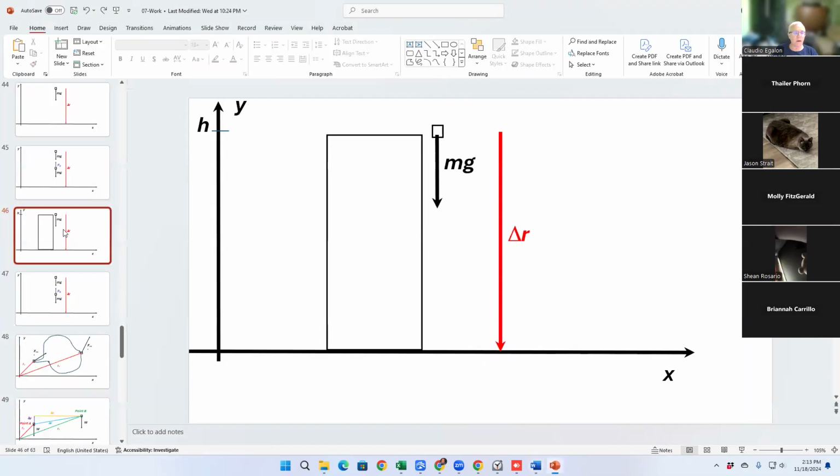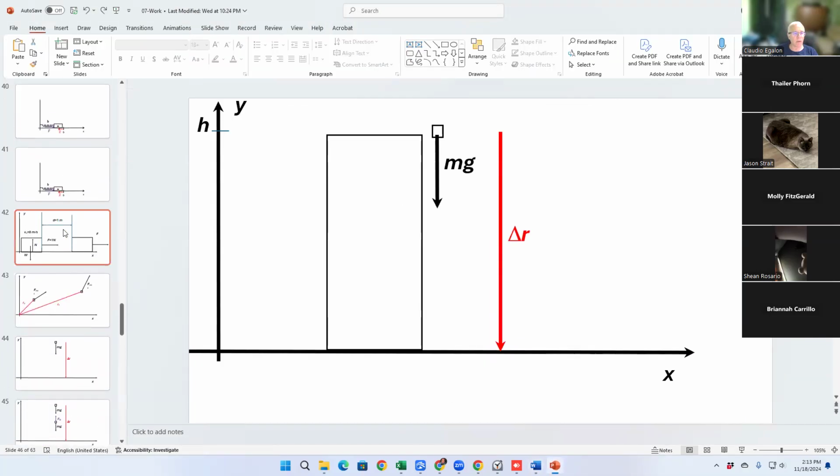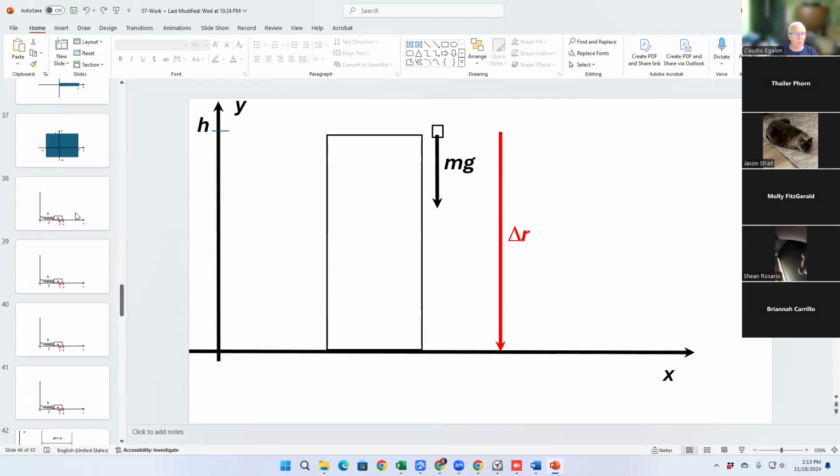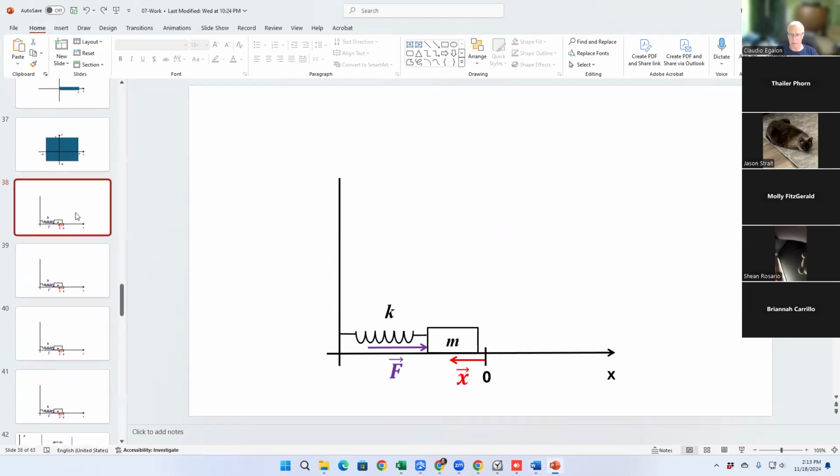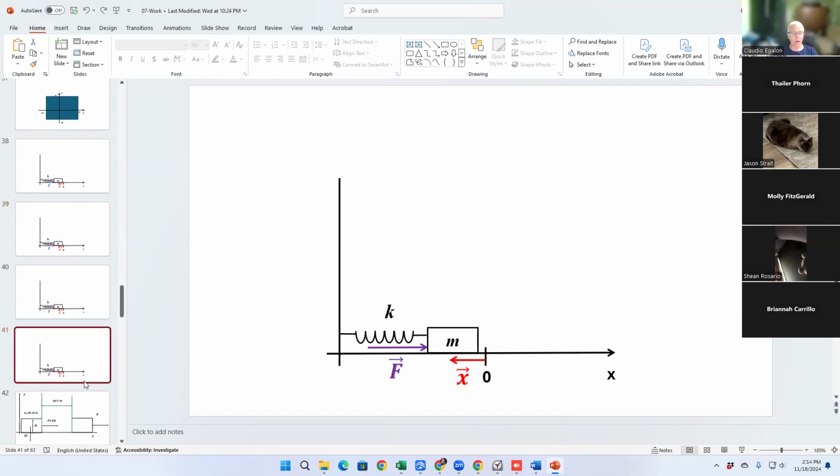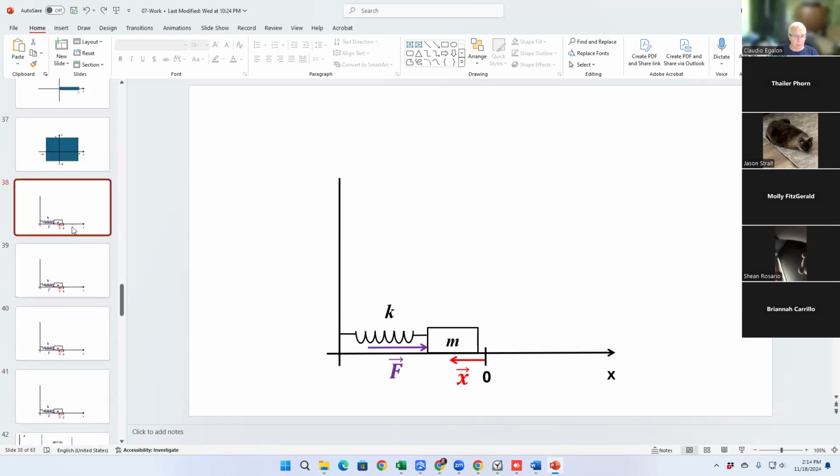Let's see, I'm going to illustrate the situation. I compress the spring. The displacement here is going to be x naught. We're going to have this conservative force, which is the conservative force of the spring. Release the mass. The mass is going to gain velocity.